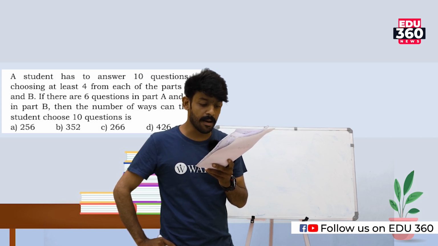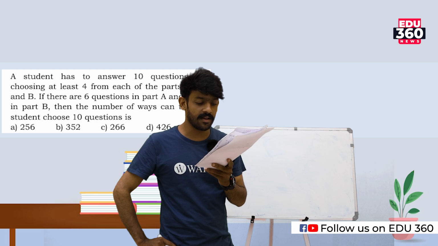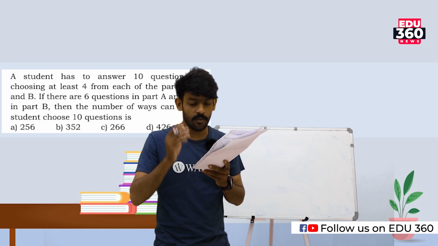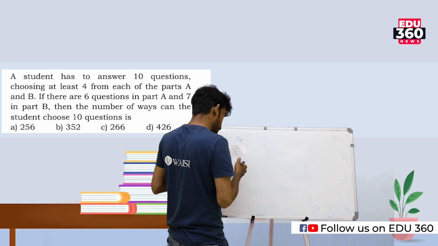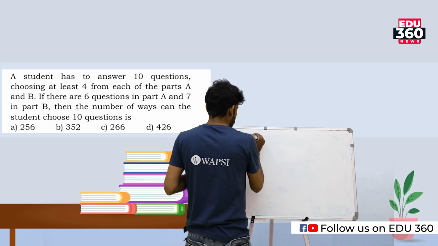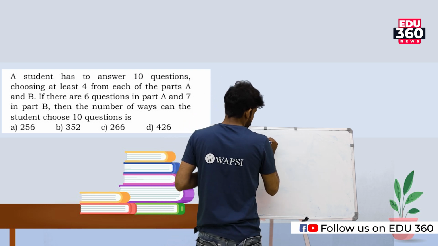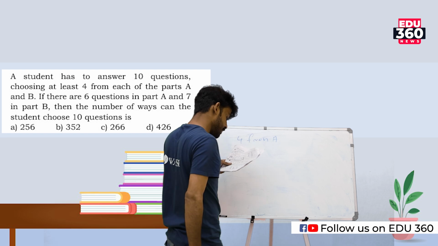We need to find the number of ways. It's given that 4 from A.